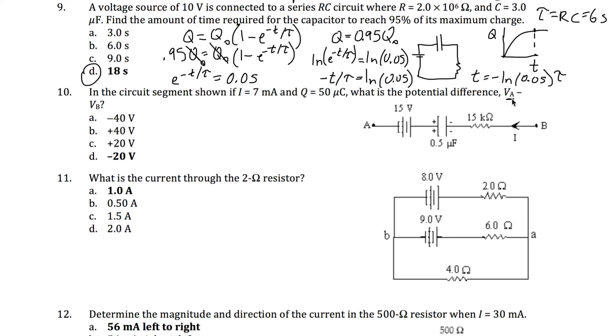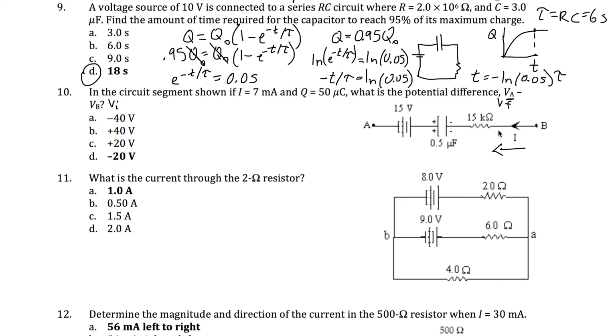This is the final potential, V final, and this is V initial. That means we're going from B to A. So imagine that we're going this way. What's the potential difference from B to A? That's what VA minus VB is.